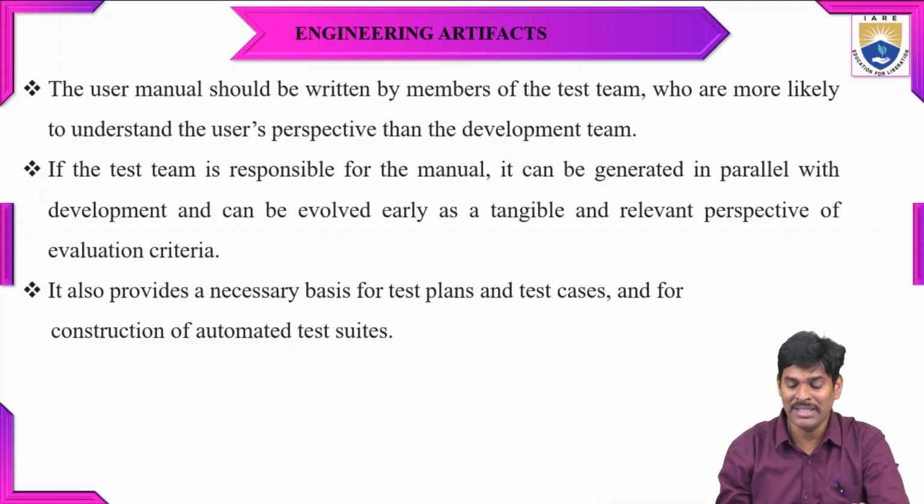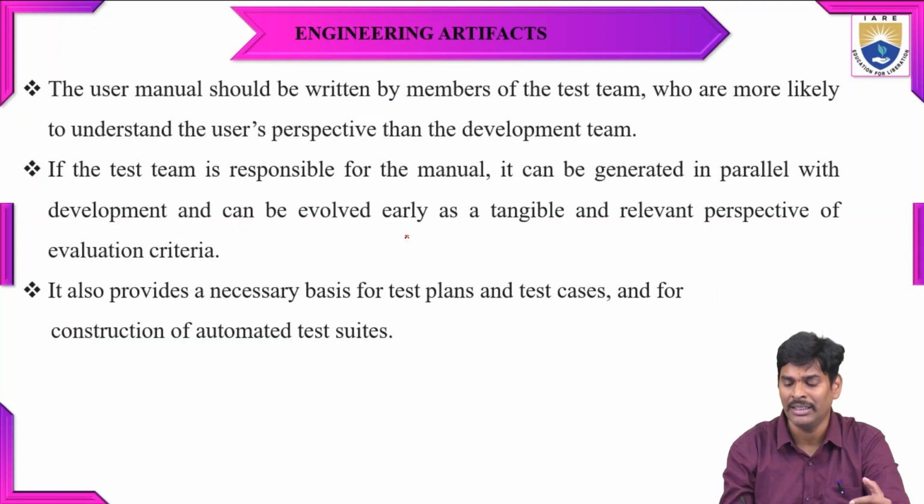And if the test team is responsible for the manual, then it can be generated in parallel with development. So first the development team will be sitting and will write the code. After writing the code, the test team will be checking the different types of constraints, and they are going to be responsible for doing the manual.